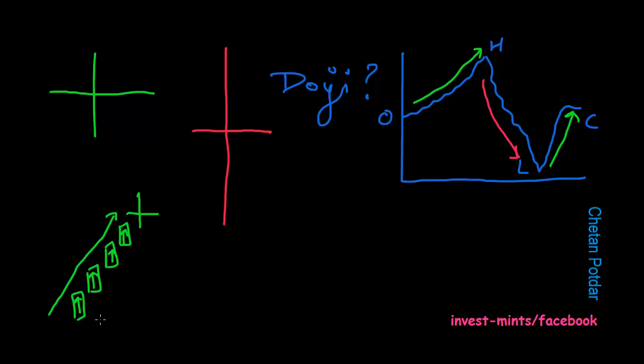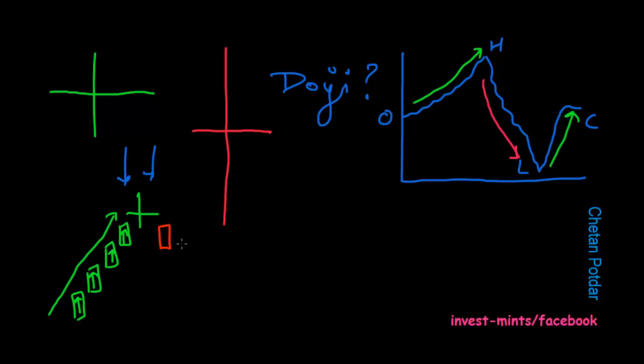There is also less buying pressure. People are feeling that the price could not go up anymore, hence they stop buying, and because they stop buying, there is less demand. If there is less demand and more supply, this is where the pressure comes in, and there are very high chances that the prices will turn around and go down.